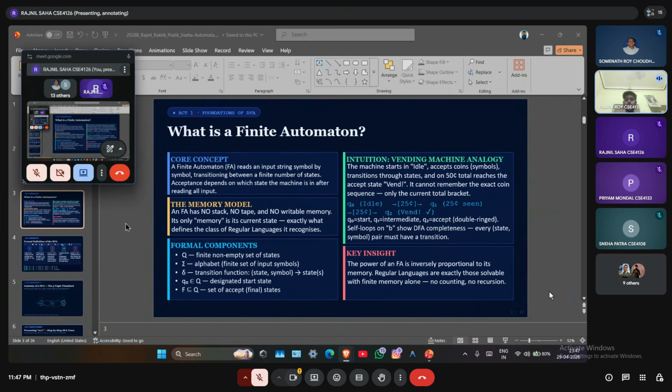A finite automata is a simple computational model that reads input symbols one by one and changes its states accordingly. It has limited memory, meaning it only remembers its current state. At the end of the input, if it reaches the accept state, the string is accepted.